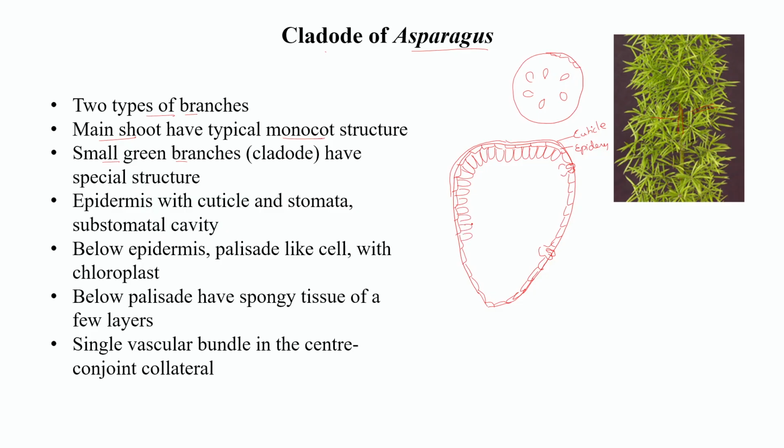So all around, a single palisade layer will be found. So chloroplast will be there. You can see that this is the palisade tissue.